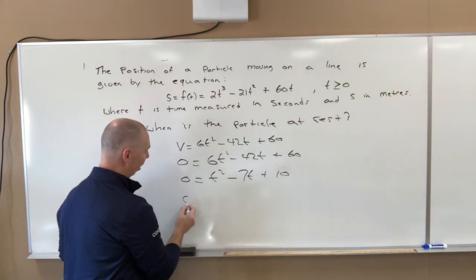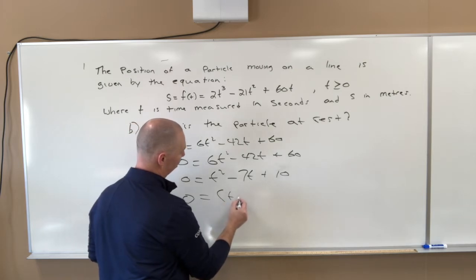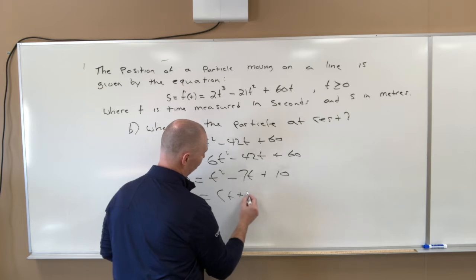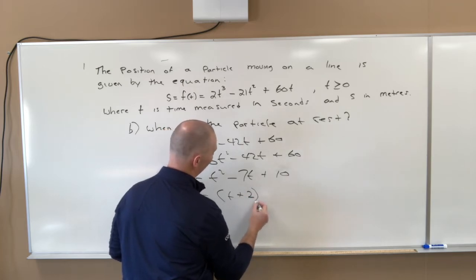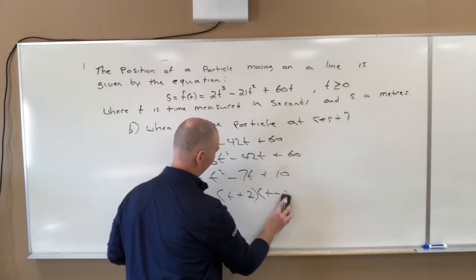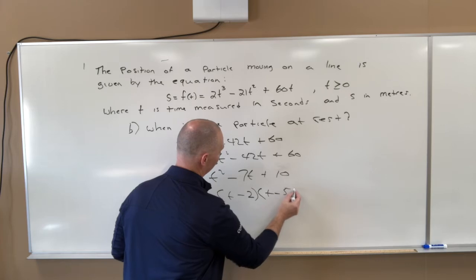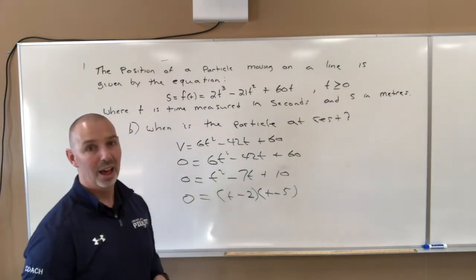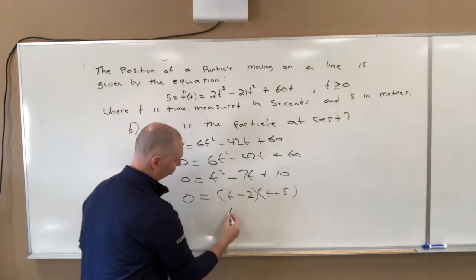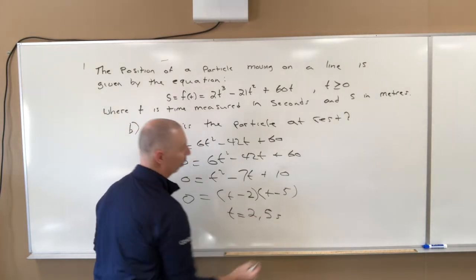And if we factor that, we will get t minus 2 and t minus 5. And that tells us, of course, that the velocity will equal 0 when t equals 2 and 5 seconds.